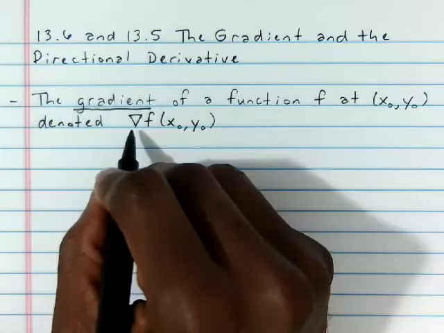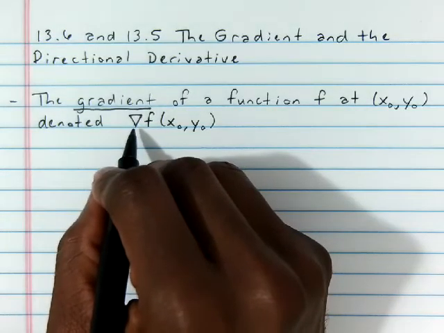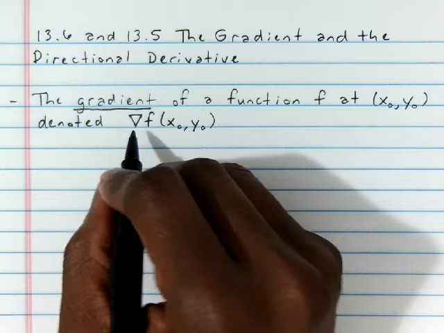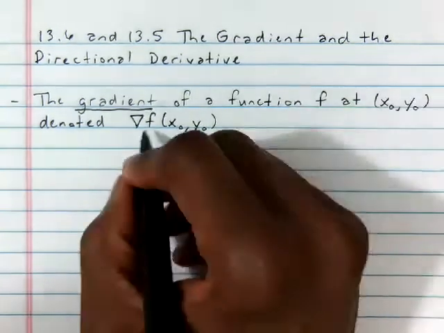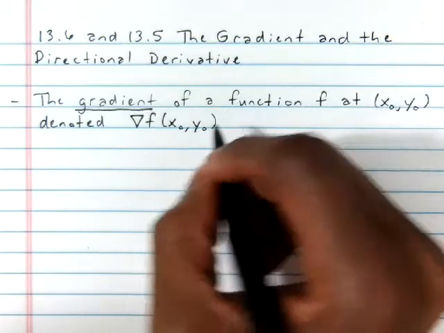So this symbol, which is called a del, denotes the gradient. But we just read this as the gradient of f at x naught, y naught.